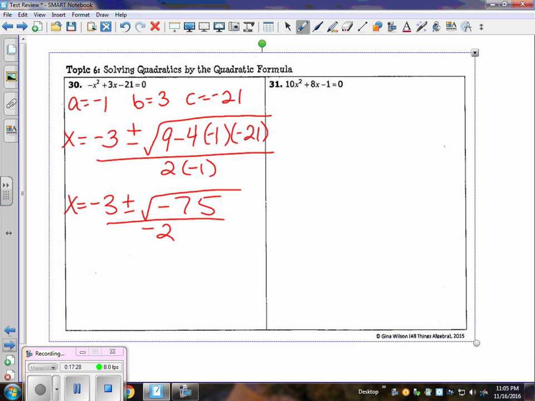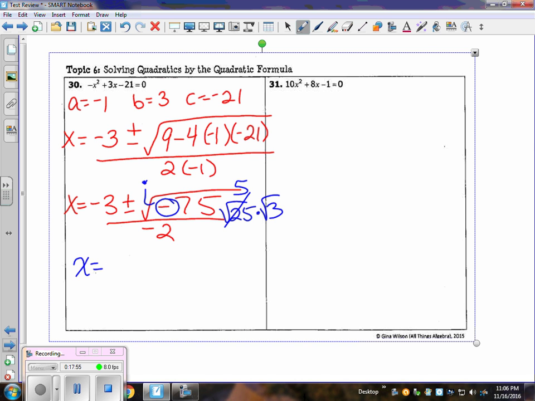Okay, so is 75 perfect? No, you say. Is there anything perfect in it? First of all, there's a negative under there, so we're going to pop out an i. 75 has 25 times 3 hiding in there. So 25 is a perfect square. That'll come out as a 5.